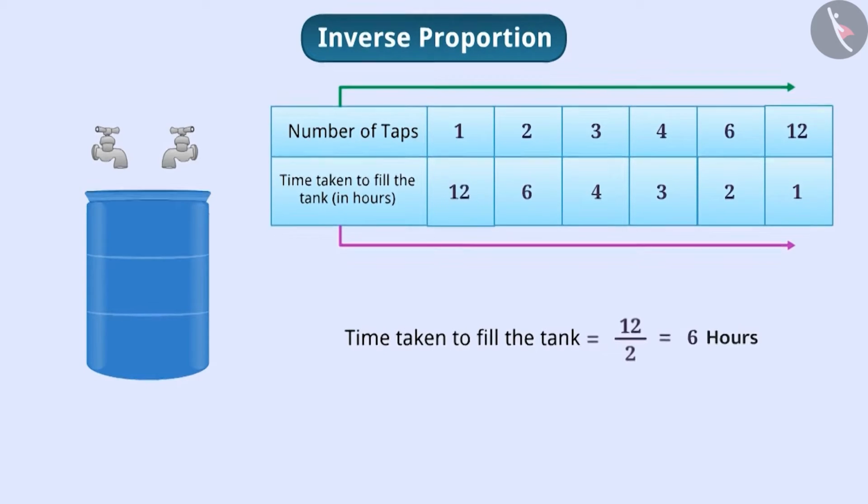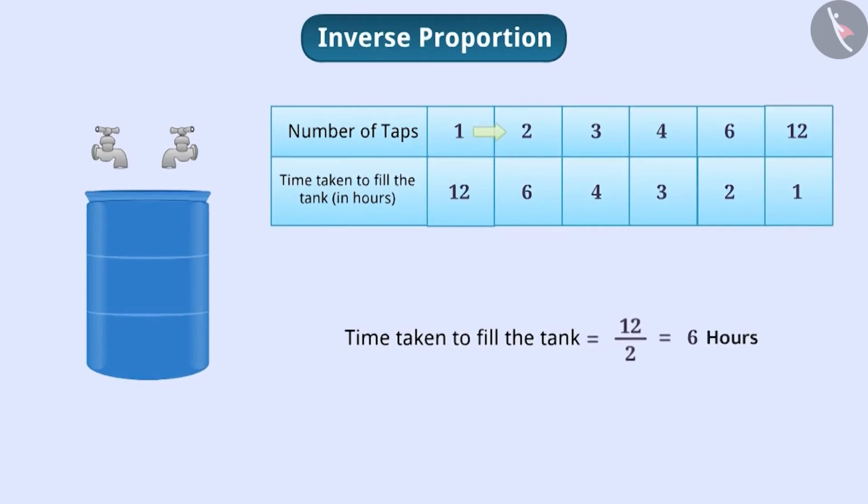For example, when the number of taps increases from 1 to 2, the time decreases from 12 hours to 6 hours. The number of taps here has doubled, but the time to fill the tank is halved.